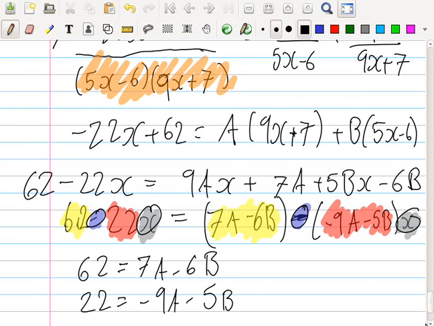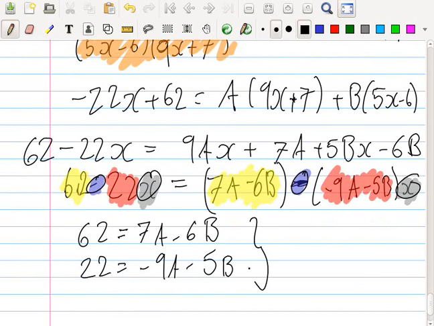Now, I want to solve this. So I get here A equals 2, B equals minus 8.